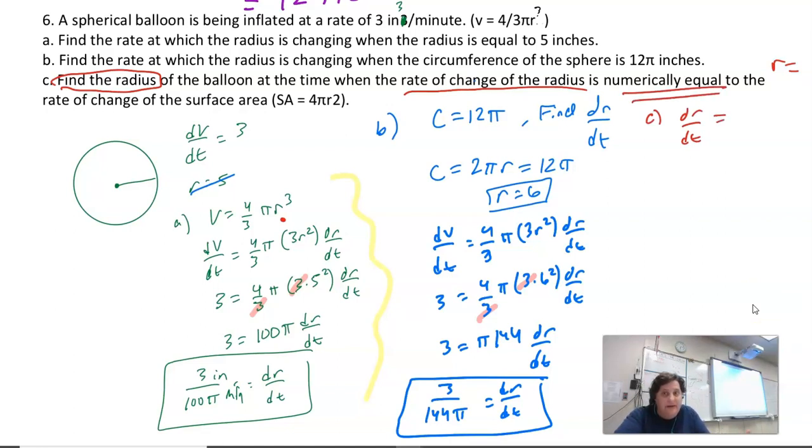Numerically equal means it's the same number as the rate of change of the surface area, dSA/dt. So it's kind of weird. Not entirely sure what I want to do with that yet, but all right. It gave me a formula. You know what we should do with that formula? We should take the derivative. That's squared again.